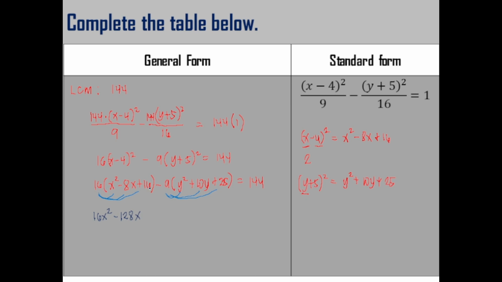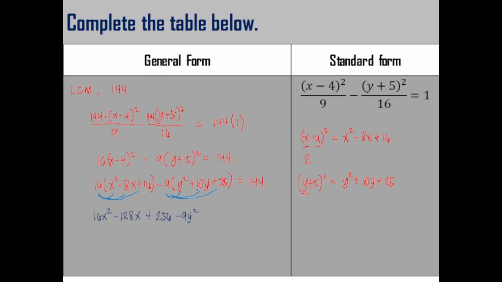Next, 16 times 16, that is 256. Okay? Next po natin, ito naman, negative 9 times y squared is negative 9y squared.